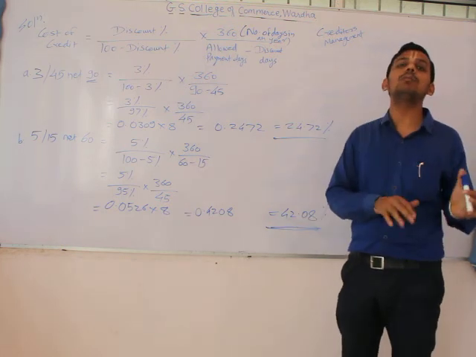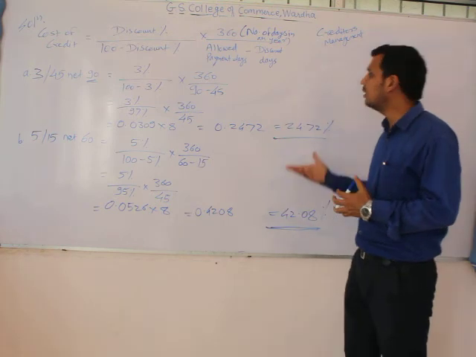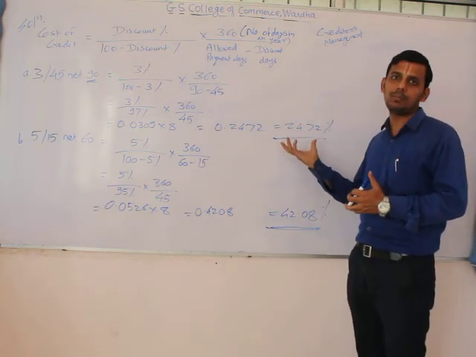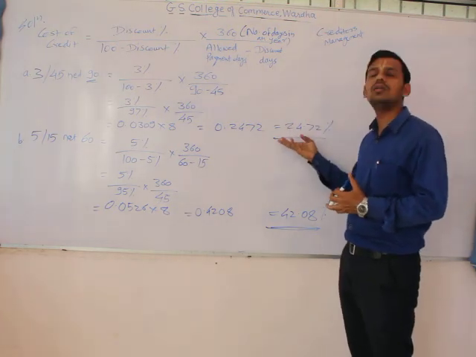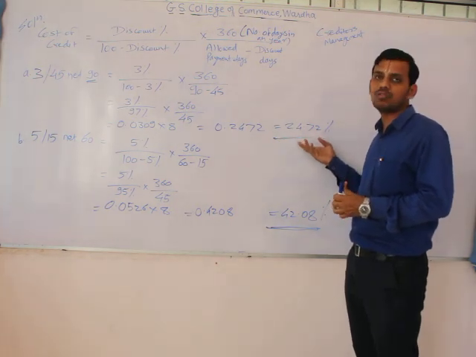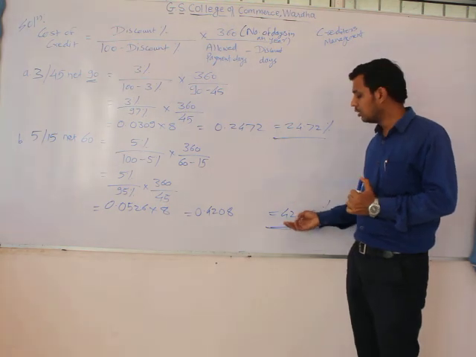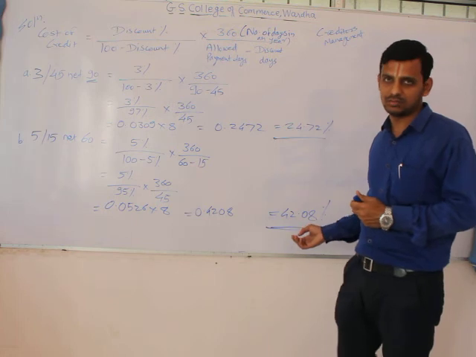But the question says the best proposal for Sunflower Limited to offer to its customer, and that would be 3/45 net 90, because the financial manager can easily say that 24.72% is the only cost of credit we would pay by this proposal, whereas if we go with the second proposal, the cost would be almost double, that is 42.08%.